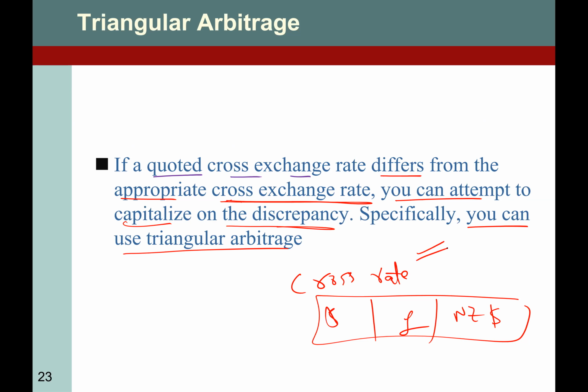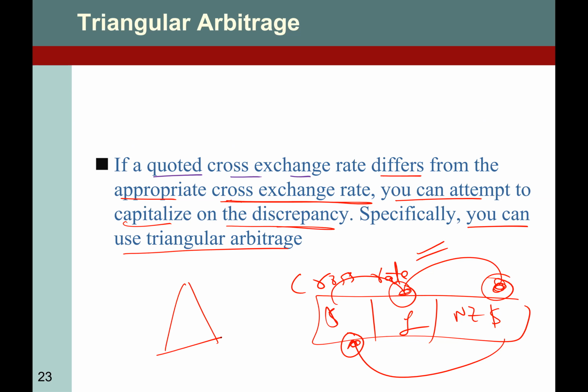By developing the cross exchange rate, we can compare which currency to convert from, then to the next currency, and then back to the original currency, and we can have our profit. So we need three exchanges. That's why it is called triangular arbitrage, because we make a triangle. Convert this currency, invest in another currency, and go back to the home currency, right?